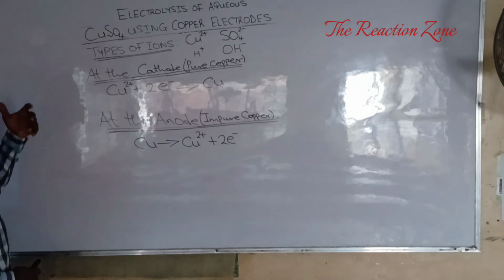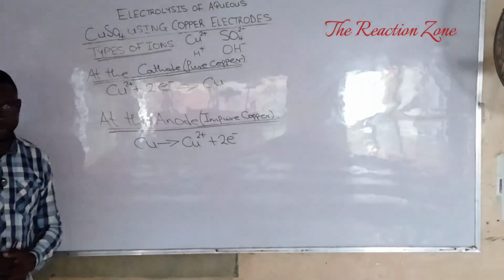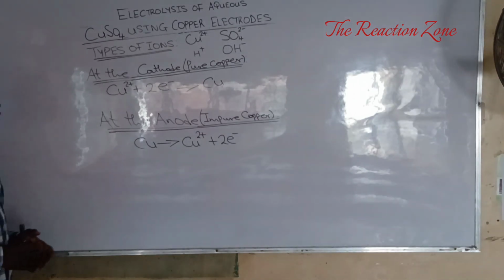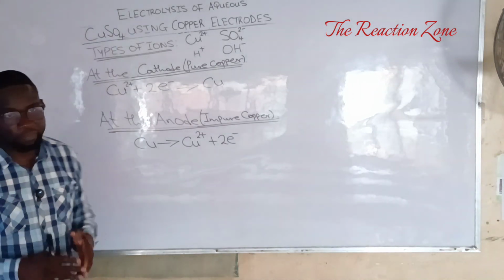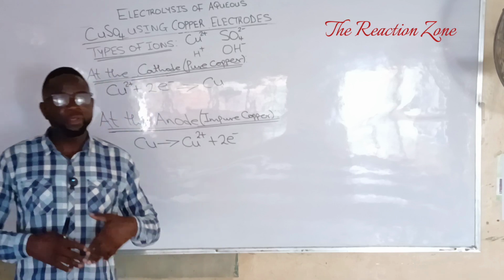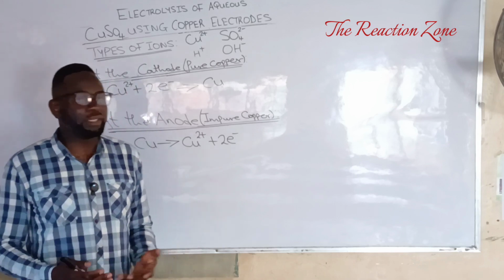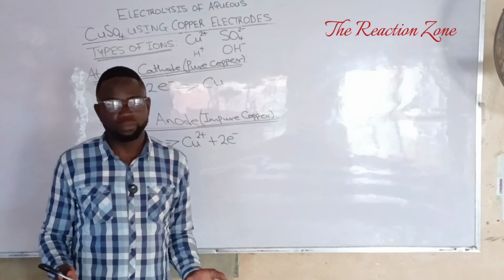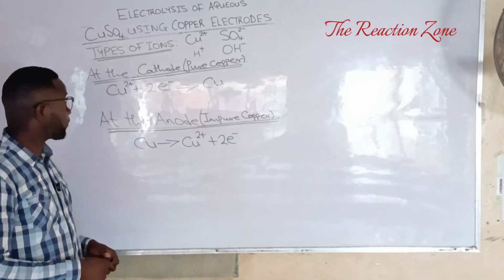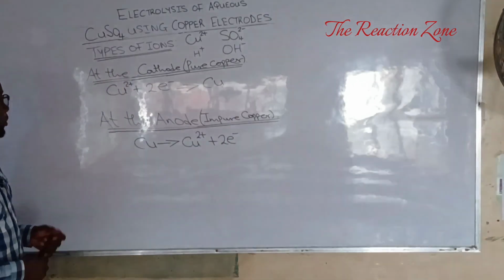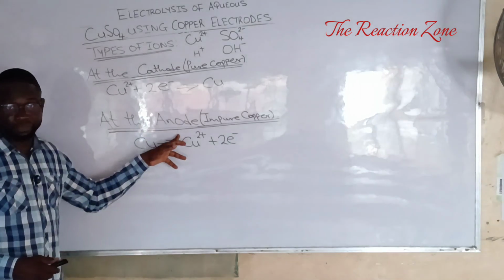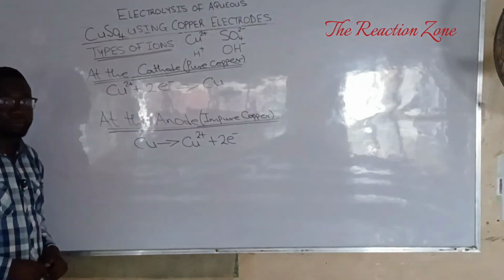In this particular electrolytic process, the concentration of copper 2 ions in the electrolytic solution usually remains roughly the same. It doesn't change, and that's because copper atoms are being transferred from the anode to the cathode.